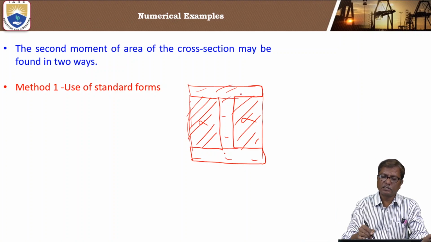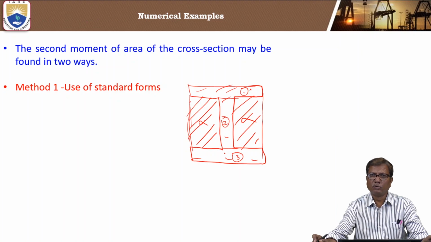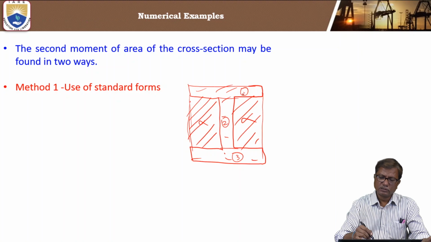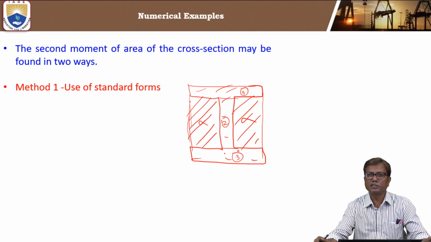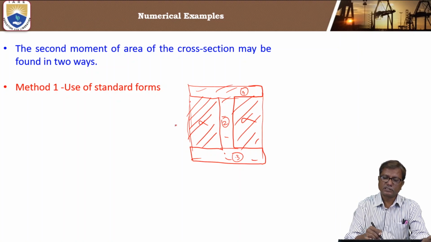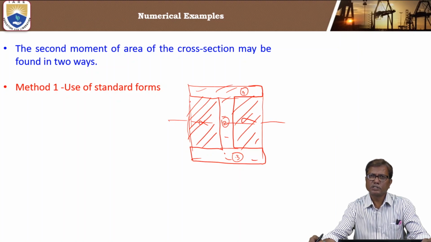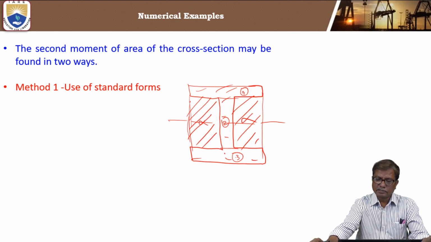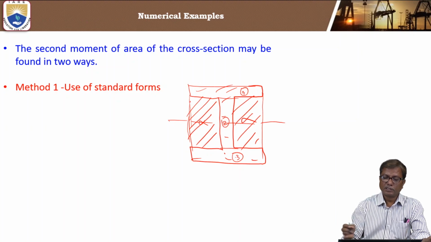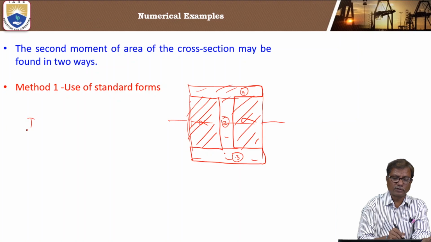Otherwise, we divide this into 3 parts, 2 flange parts and 1 web. 2 flanges, bottom flange and top flange. The parts 1 and 3 represent flanges and 2 represents the web. The moment of inertia of this about the centroidal axis can be found by using the parallel axis theorem. Anyway, both are correct. You will be getting the same value either way.